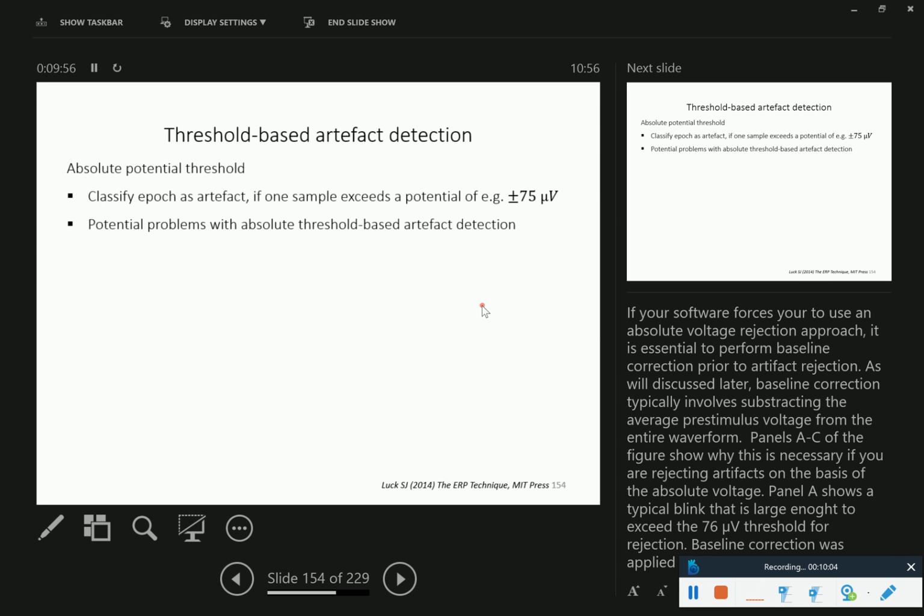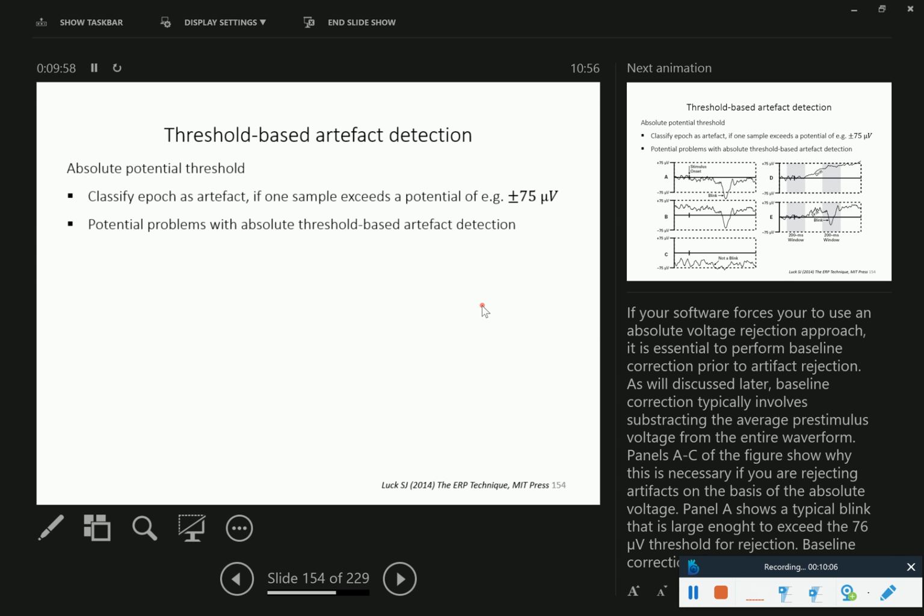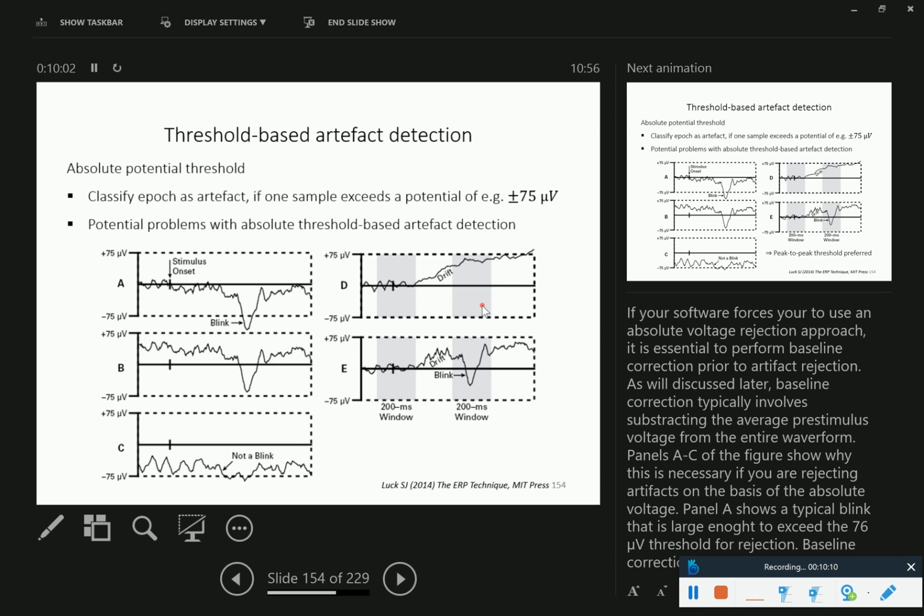And this is now the first thing about epoch data: a way to detect artifacts, in this case blinks.